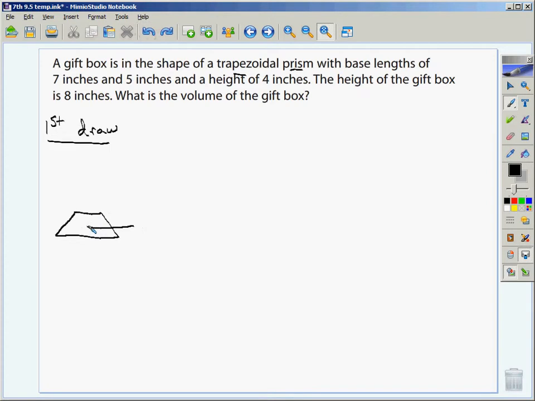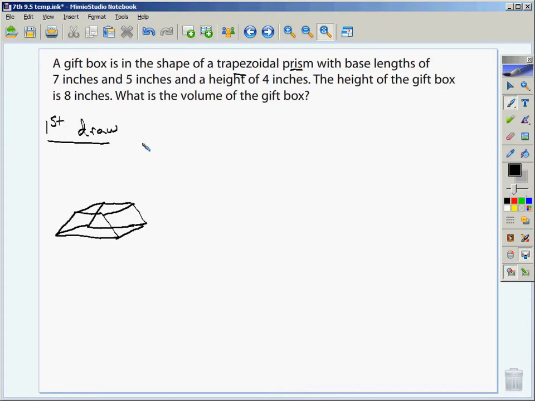I drew two trapezoids that basically looked alike, right? And I connect each corresponding point of a trapezoid and that gives me my prism. Okay? Now, again, I don't expect yours to be exactly the same as mine.